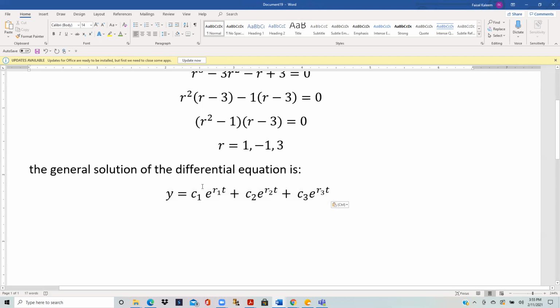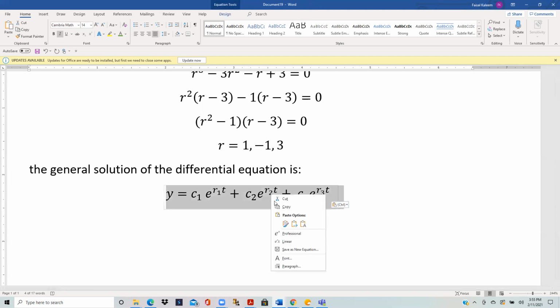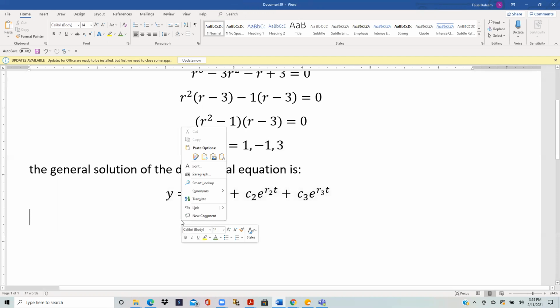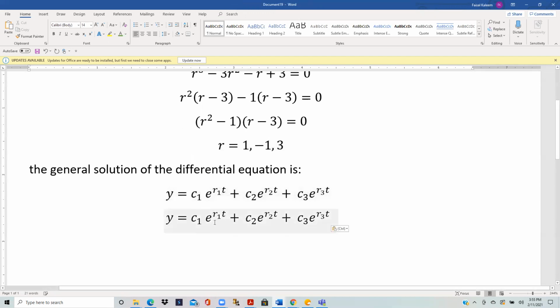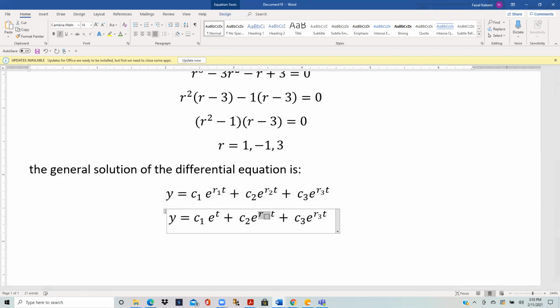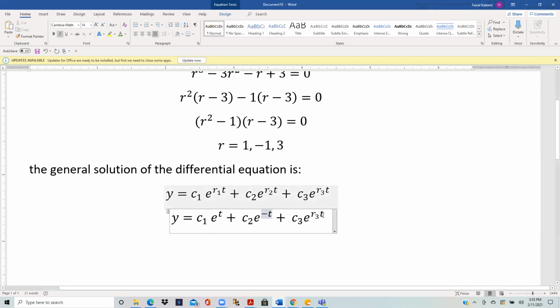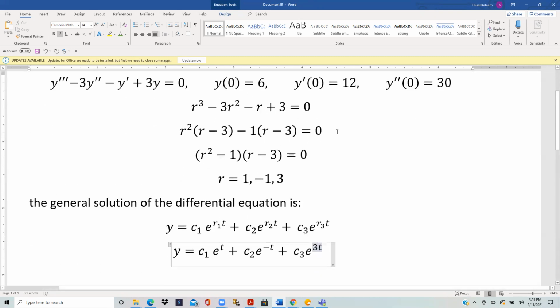Okay, and then we substitute the three roots. So e to the t, e to the negative t, and e to the 3t. Okay, and now the initial conditions involve the first derivative and the second derivative as well.